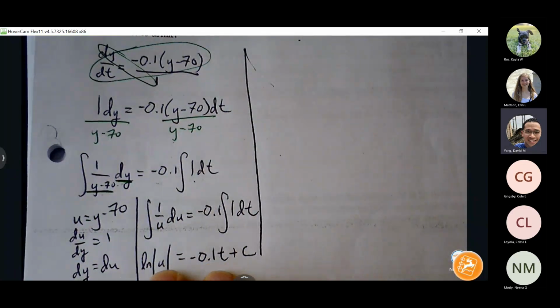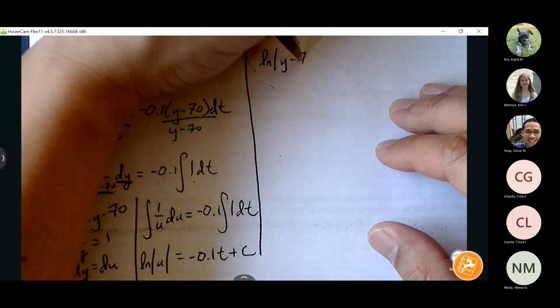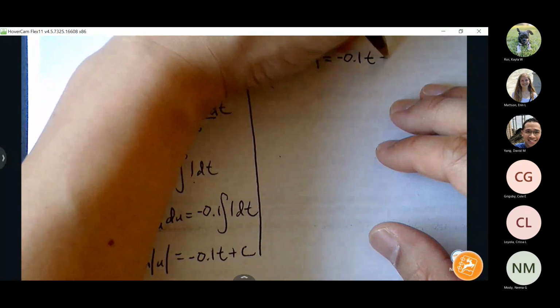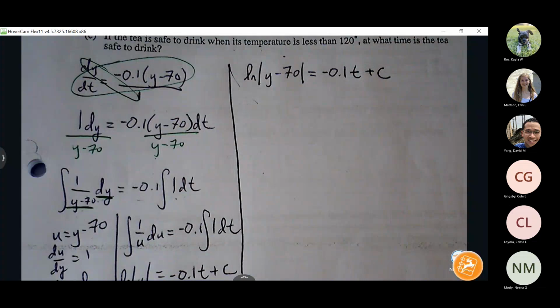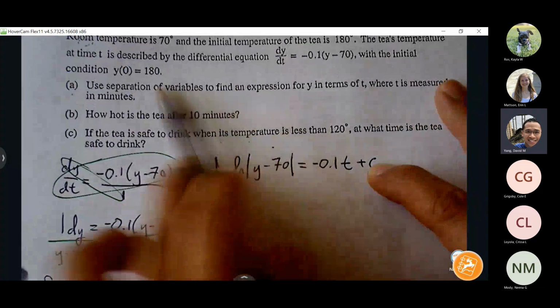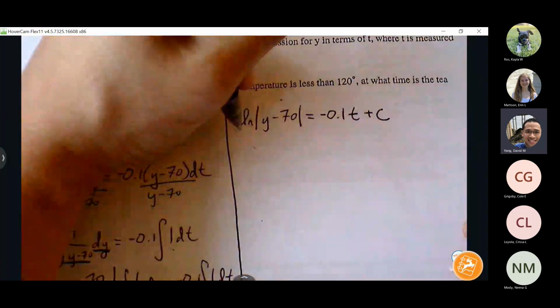Let's bring the original variable back. All right, I'm going to try to solve for y first, and then eventually I can solve for c because they give me an initial condition to work with. Okay, so I'll raise both sides with e as the base.